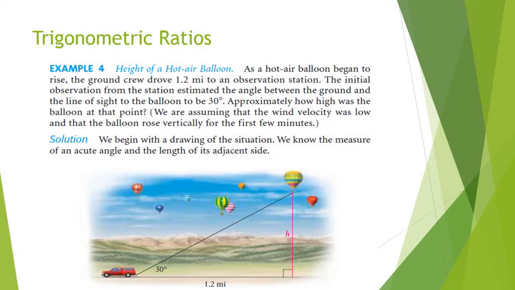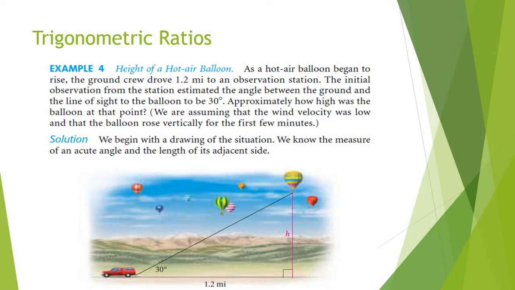Now example number 4. We're going to find the height of a hot air balloon. As a hot air balloon began to rise, the ground crew drove 1.2 miles to an observation station. The initial observation from the station estimated the angle between the ground and the line of sight to the balloon to be 30 degrees.